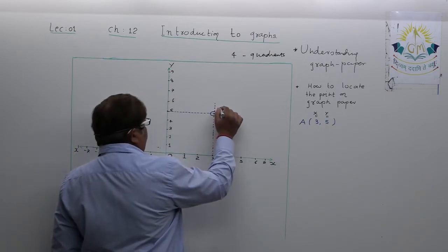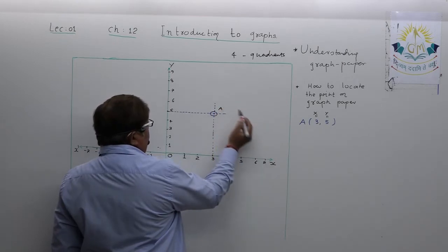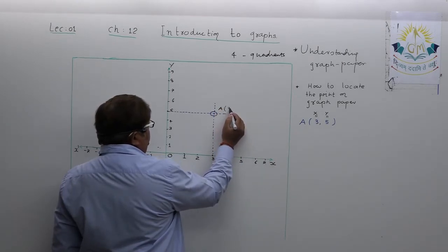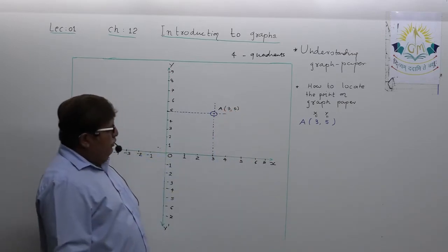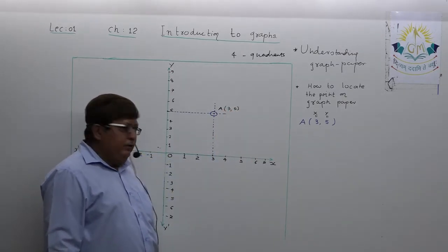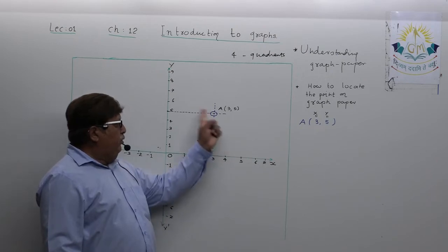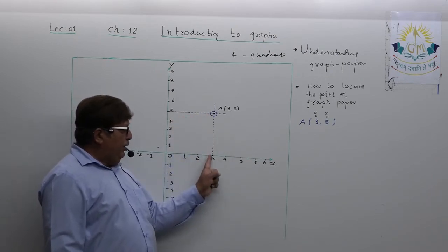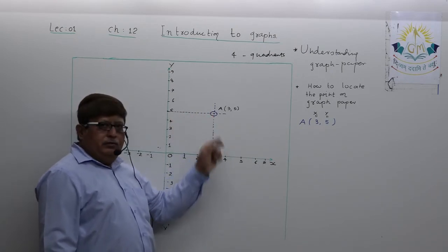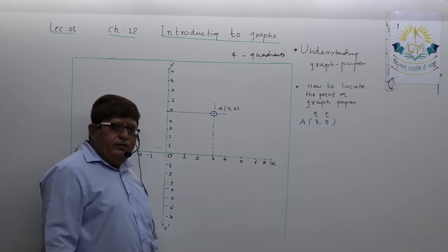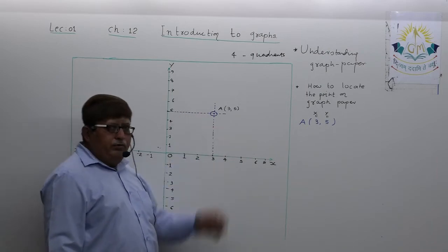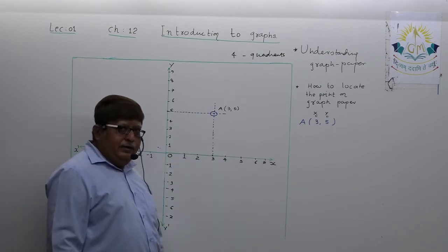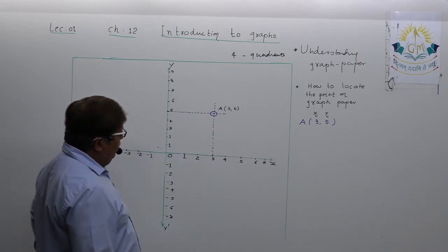You can say it A, what is 3, 5. This is how you can locate the point. If you do not want to draw dotted line, you can arbitrarily also select yourself. Depends on you. There will be no compulsion for you to draw dotted line. That depends on you. Okay.